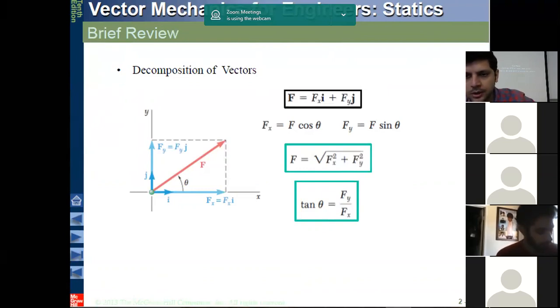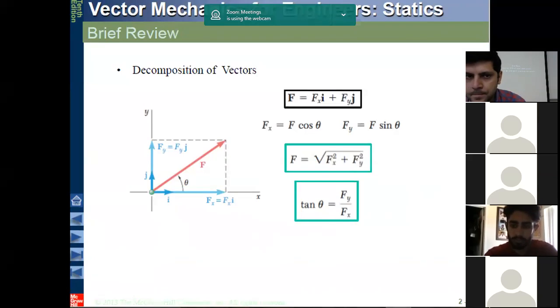But is there anyone having any questions about these components of vectors or the sine or cosine? No questions. So everybody knows how to.